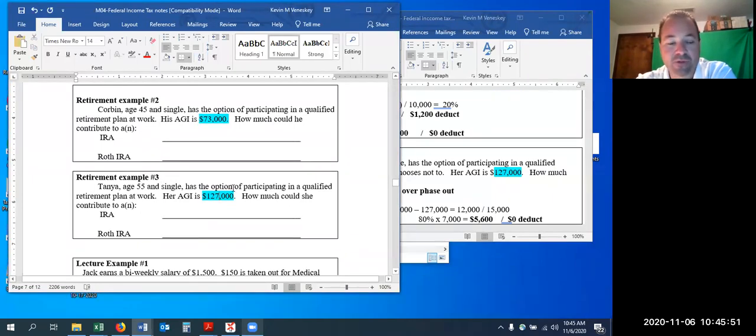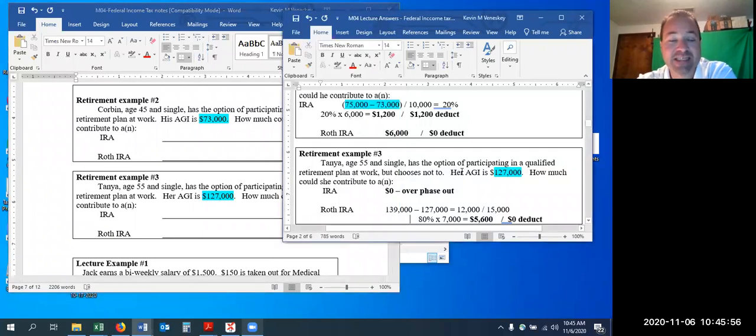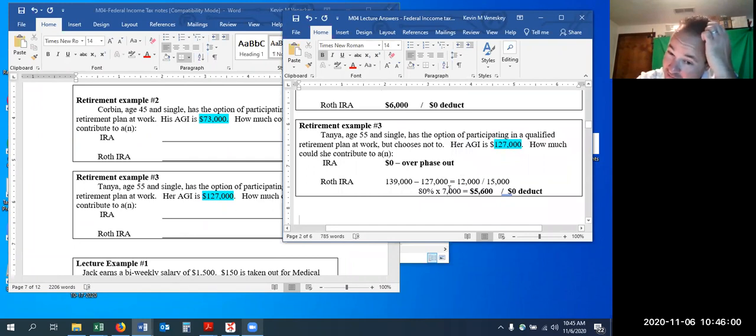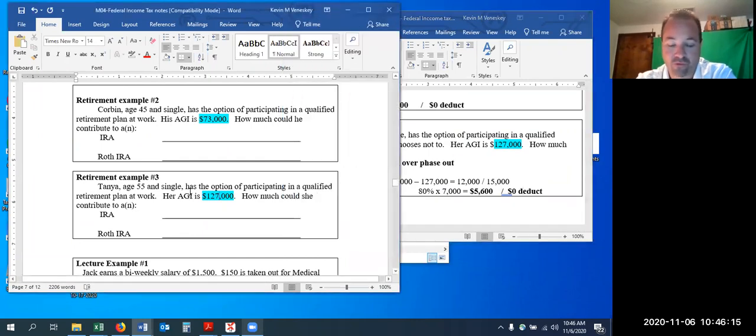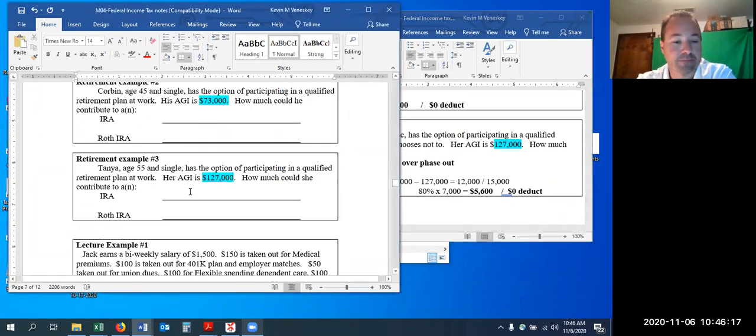So that leaves 12,000. 12 divided by the entire span of 15 leaves 80%. We can still put in 80% of the full dollar amount. We get the higher amount because of our age. We can put away 5,600, deduct none of it. But the good part is it's not taxed later on.